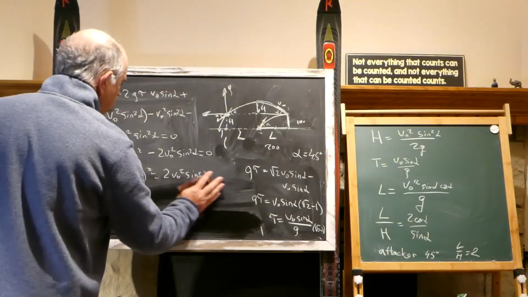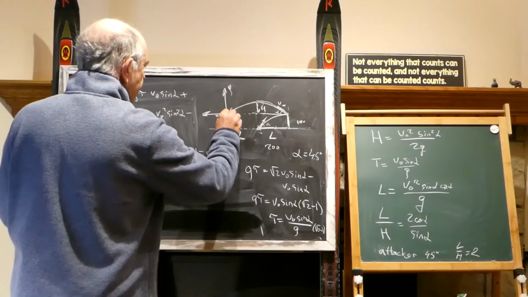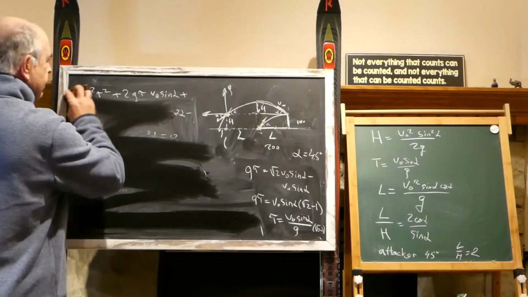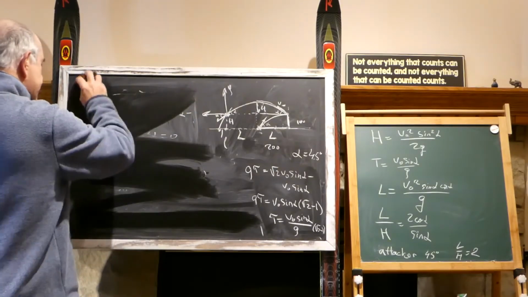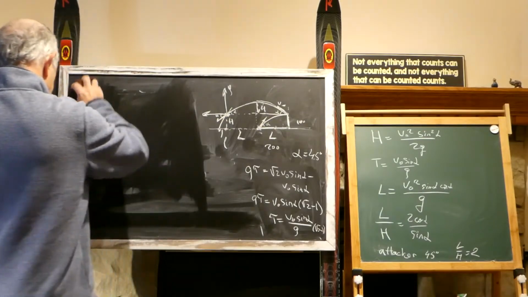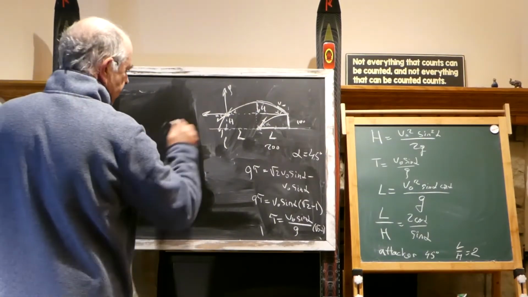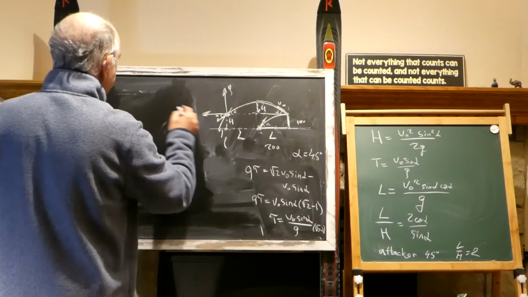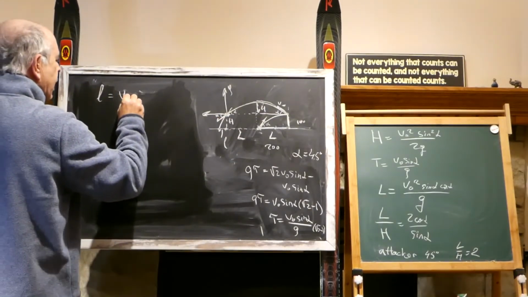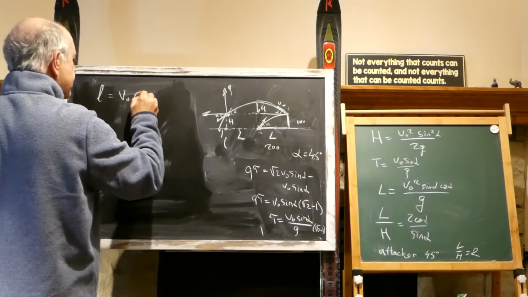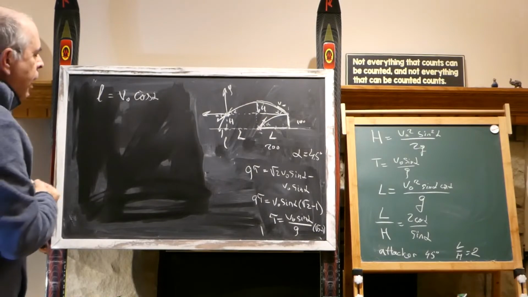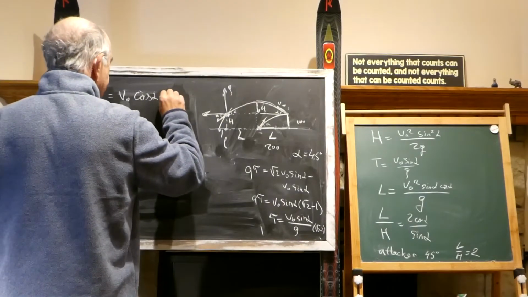This is the tau that is needed to fly from here to here. And recall that if I know this time, I know the extra distance L. Because when we're flying from here to here, our horizontal distance L is equal to our speed in this direction, which is v0 cosine alpha, multiplied by this tau.